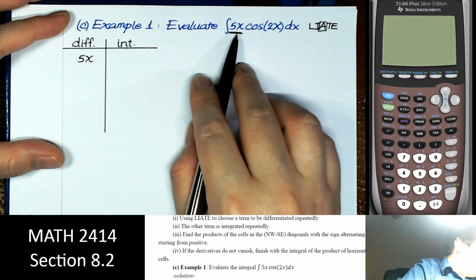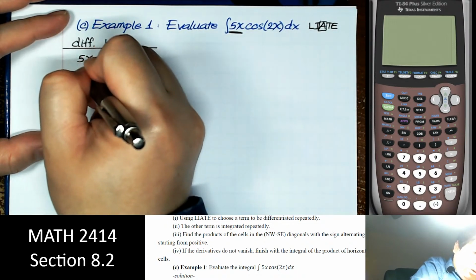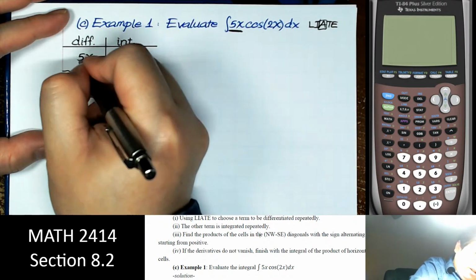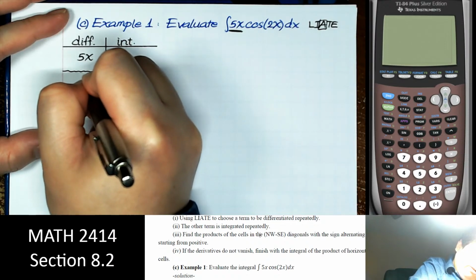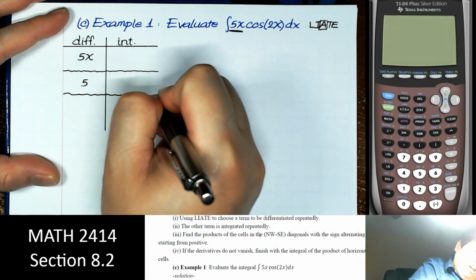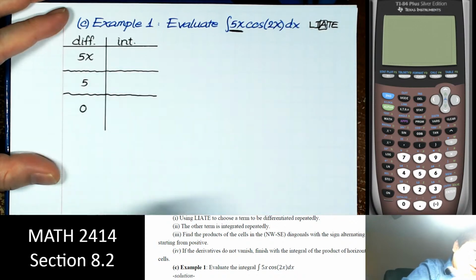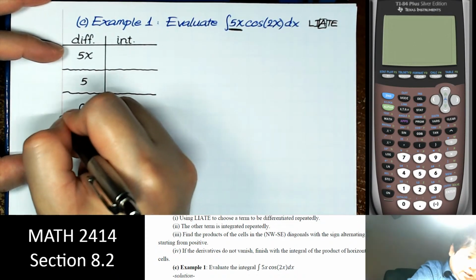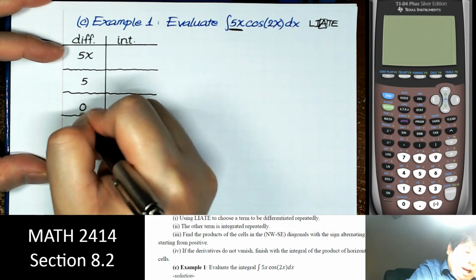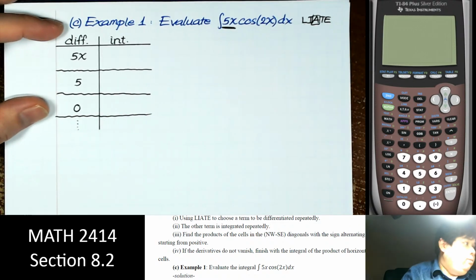Right. That is going to be 5x. It's the term to be differentiated. And so we just take derivative. Derivative of 5x is 5. Derivative of 5 is 0. And derivative of 0 after that is going to be 0.